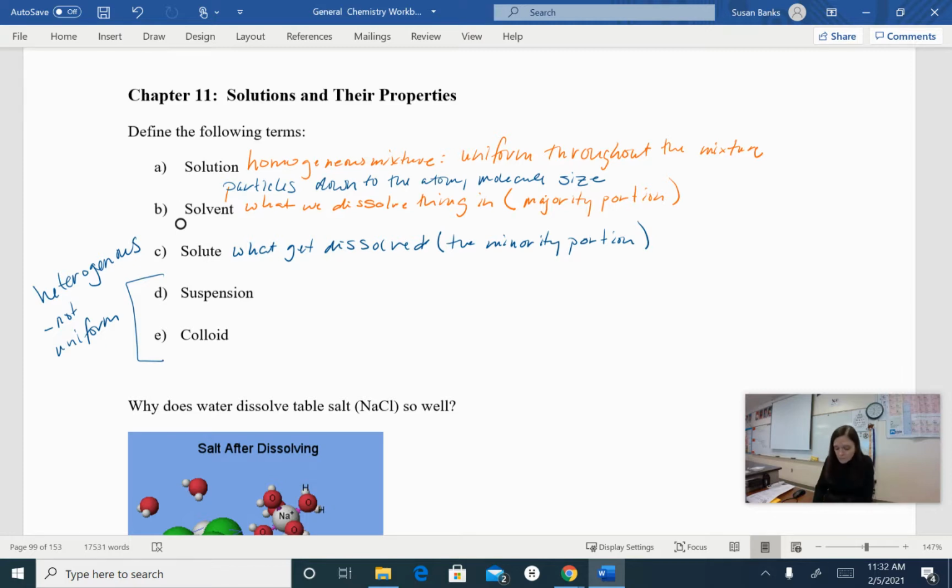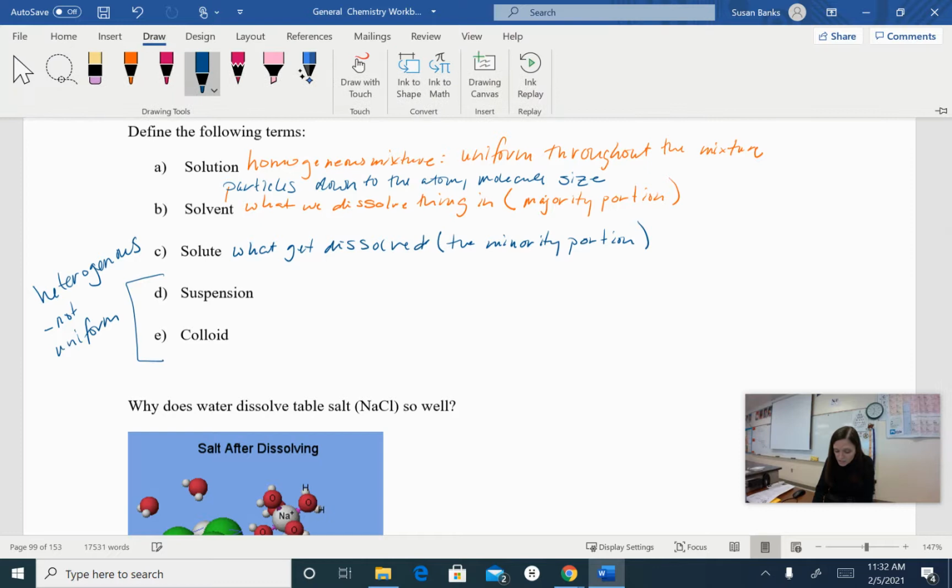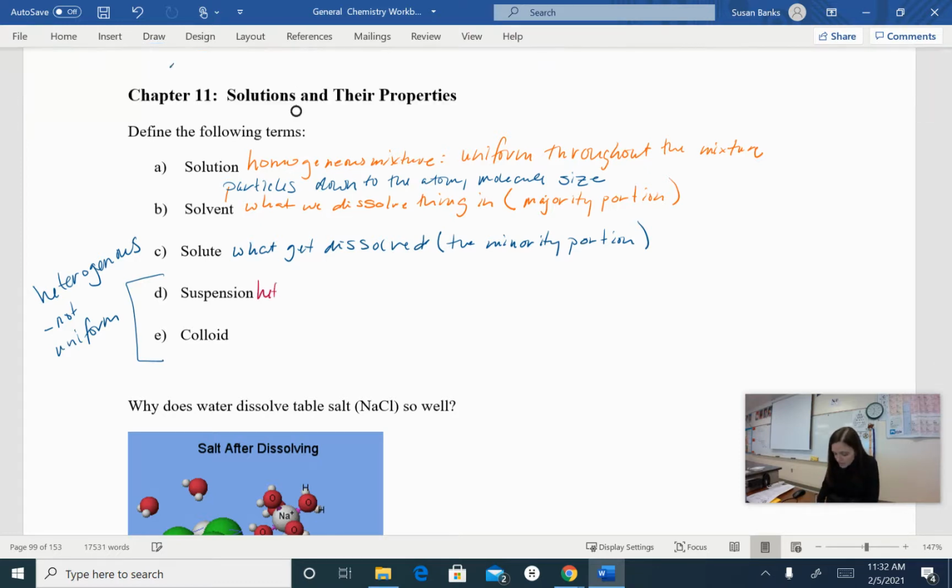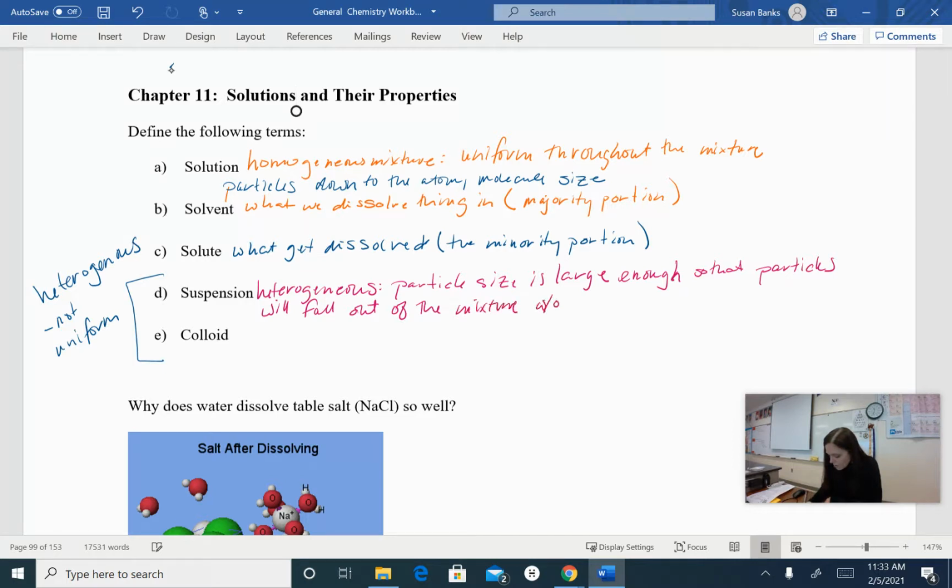Okay, so suspension is a heterogeneous mixture, so we're going to just put heterogeneous on here again, where the particle size is large enough that the particles, if I don't agitate or stir that mixture, will fall out of the mixture without agitation.